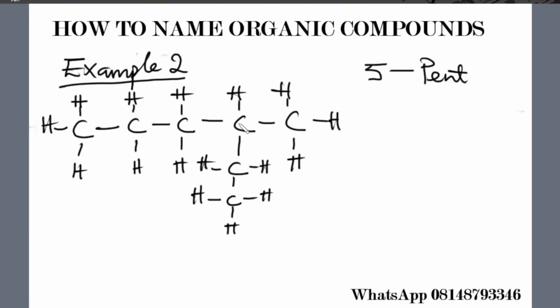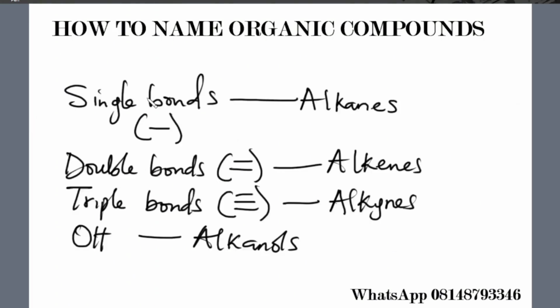And then the third thing to be done is to identify the functional group. So let's check for it. Since we have single bonds all through, we don't have double bonds here, and we don't have triple bonds here, and there is no OH here. The compound only has single bonds, and single bond is alkane.